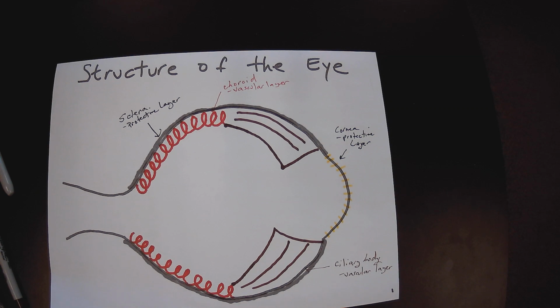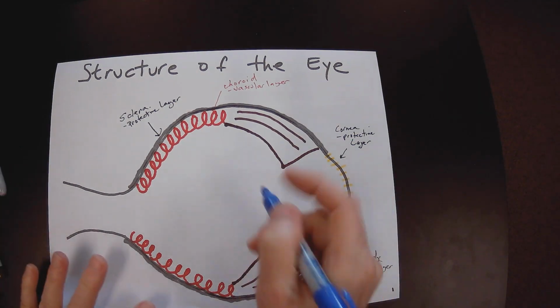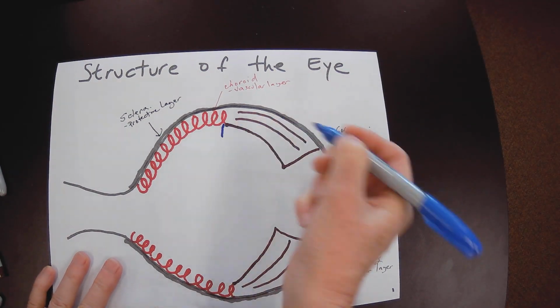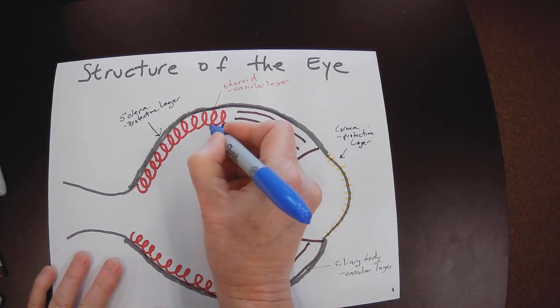All right. Well, let's go ahead and go forward a little bit. Let's talk about the third layer. Okay, underneath the vascular layer is going to be another layer that's known as the photoreceptor layer.